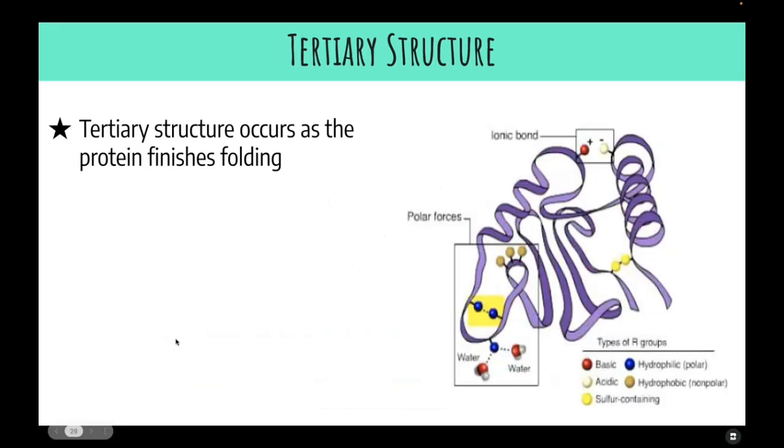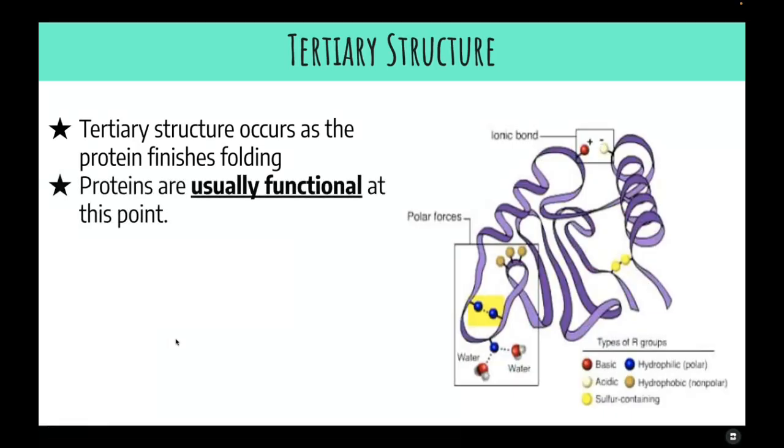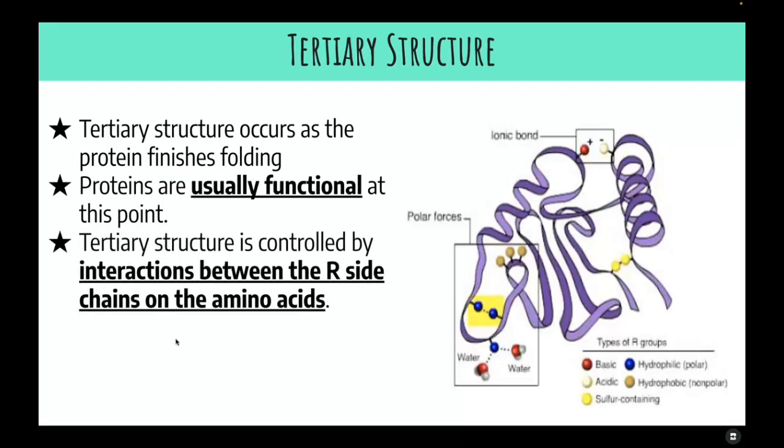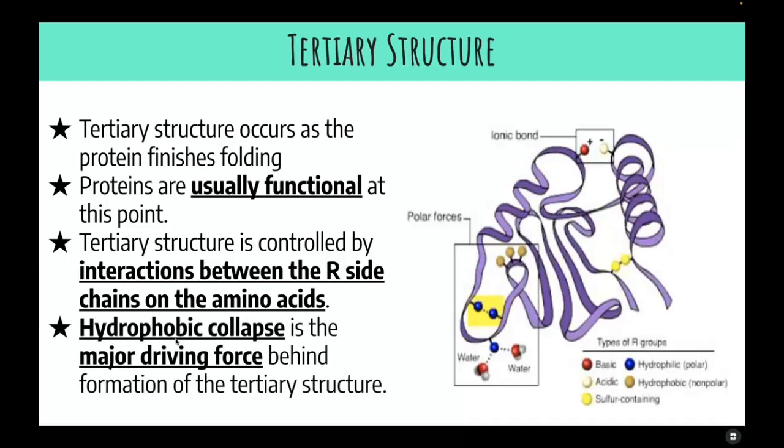And so tertiary structure is where proteins become functional. This occurs as the protein finishes folding, so it's controlled by interactions between the R side chains. So this is where the amino acid properties we learned become crucial, because hydrophobic collapse, away from the aqueous solution, is the major driving force behind the formation of tertiary structure.